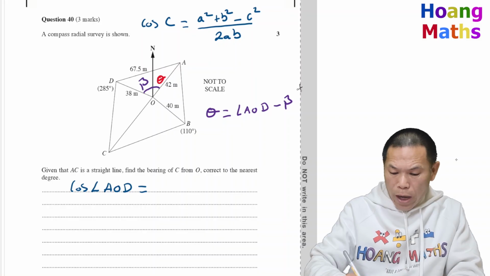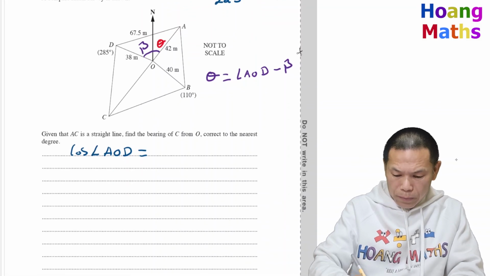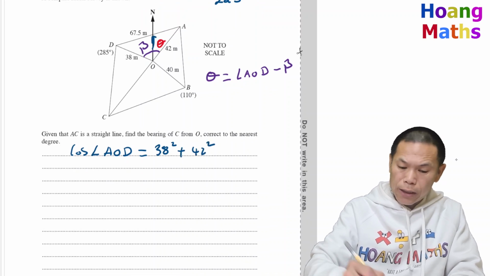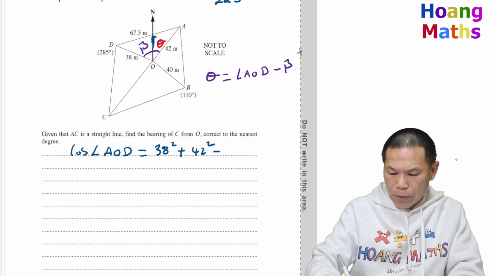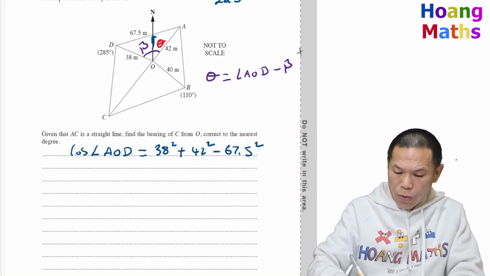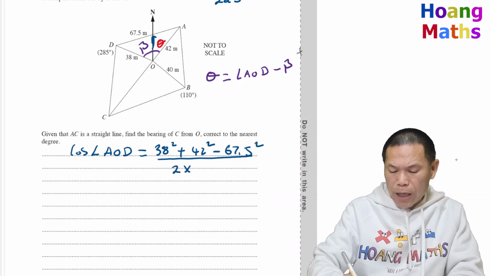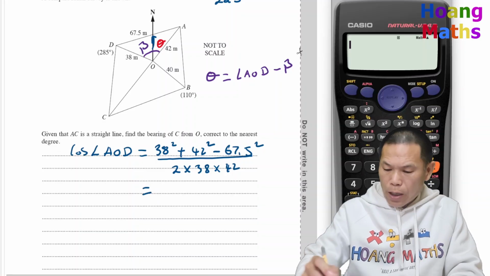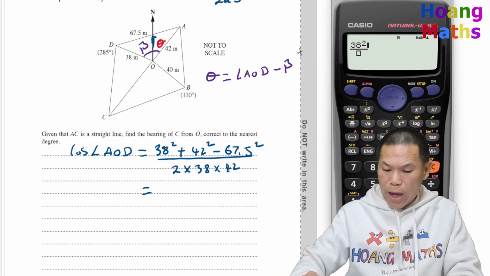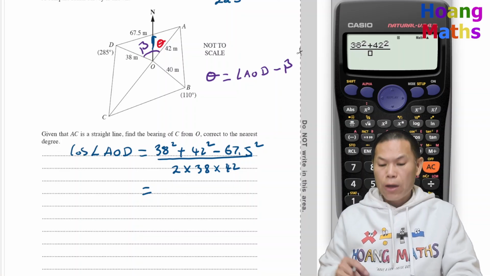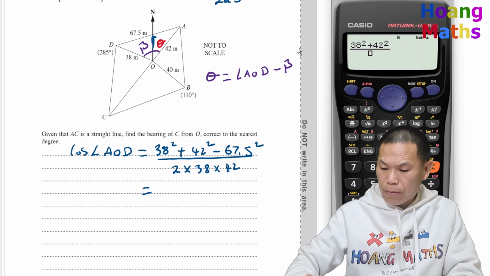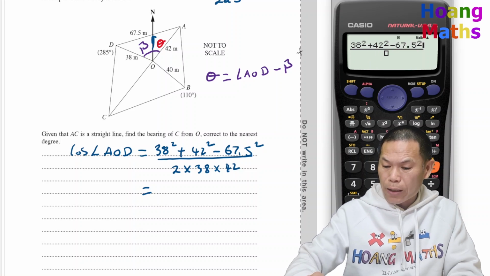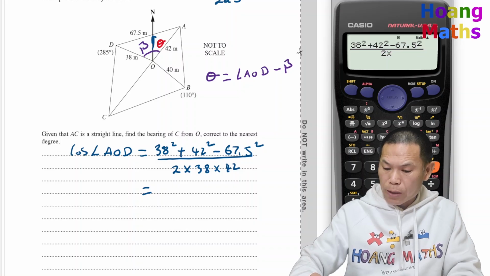So a squared is 38 squared, we plus 42 squared, and c is always opposite the angle, minus 67.5 squared, over 2 times a b, 38 times 42.